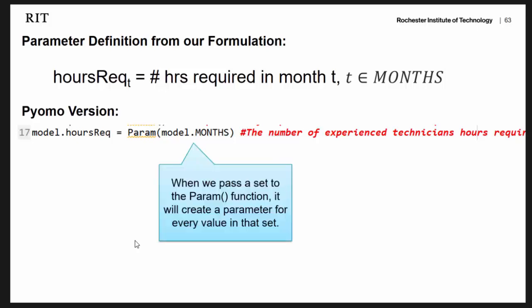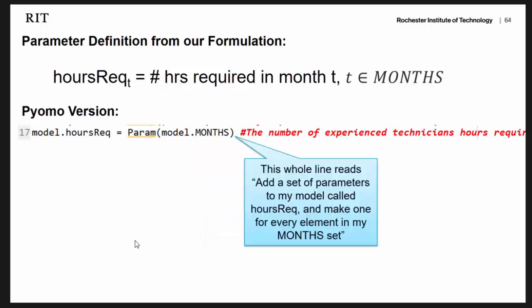But this time, we're passing something to this Param function. When we pass a set to our Param function, it basically says, make a parameter for every single value in the set that I've passed you. So this whole line reads, add a set of parameters to my model called hoursRec, and make one for every single element in my month set.